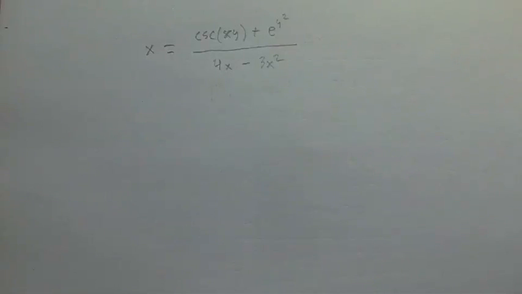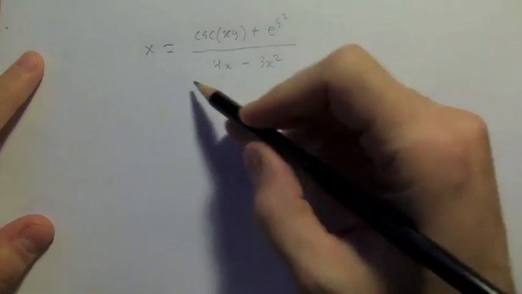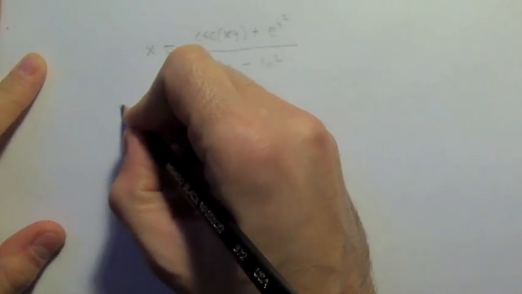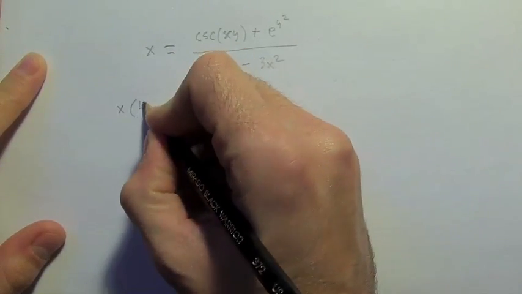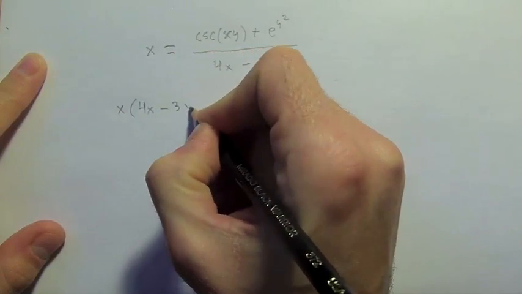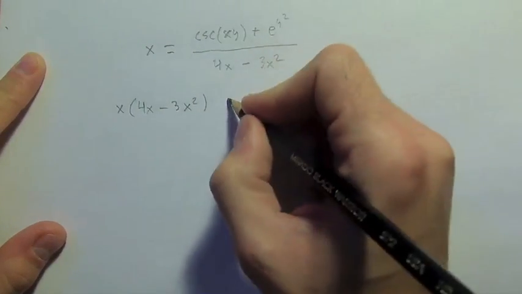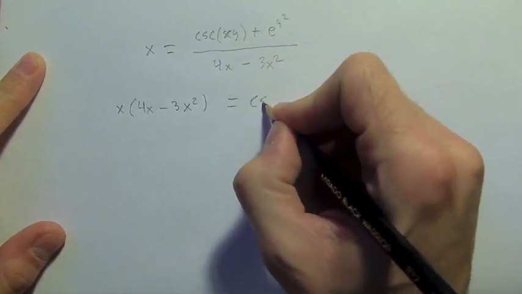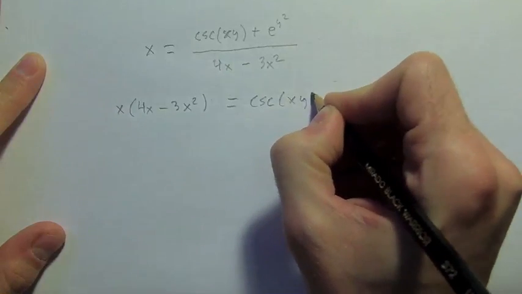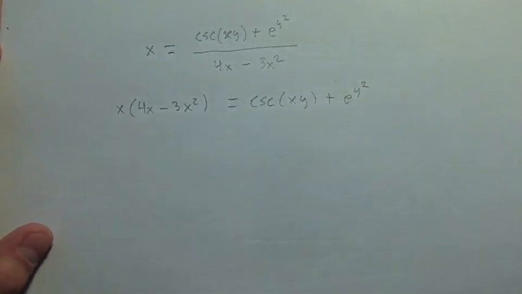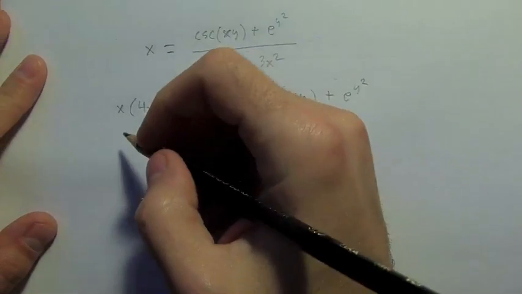Okay, a quicker way to go about doing this is let's multiply this on the other side. So this will be x times 4x minus 3x squared. We're basically just multiplying both sides by this, and on this side it cancels. And so the equation simplifies.